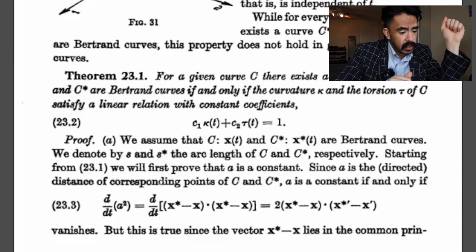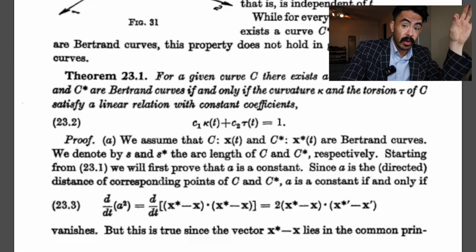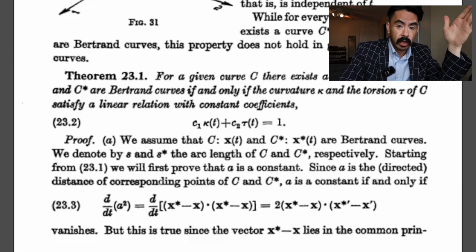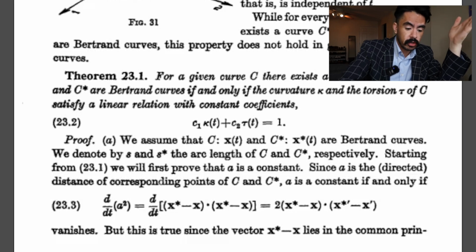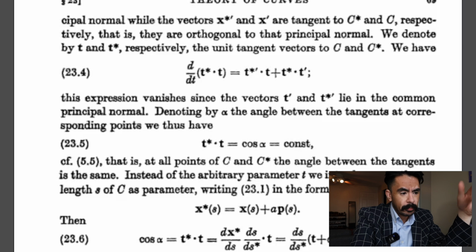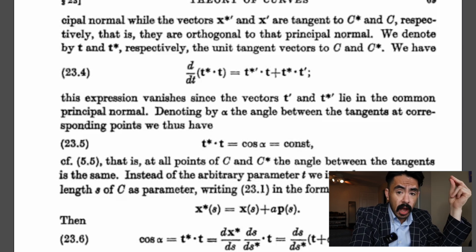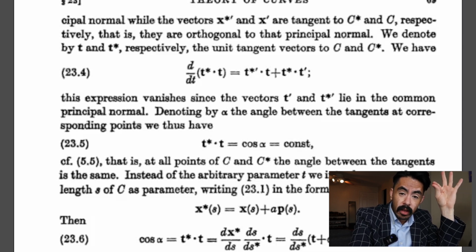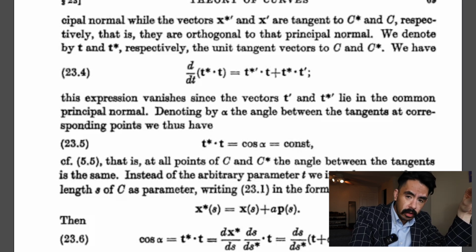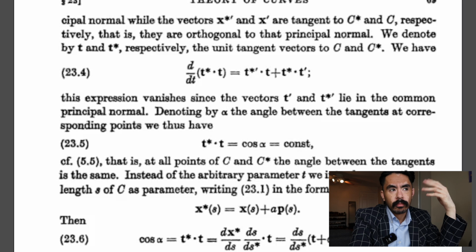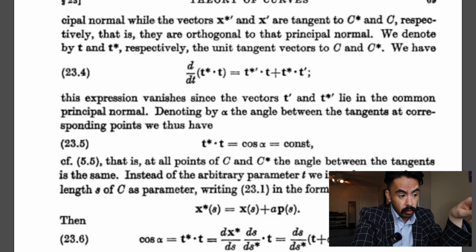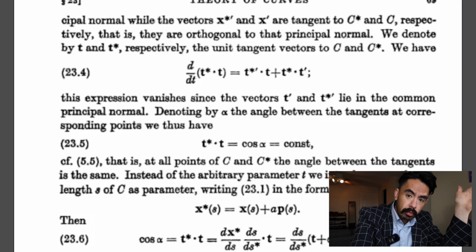But this is true since the vector x star minus x lies in the common principal normal, while the vectors x star prime and x prime, when we use primes, those are derivatives not in terms of arc length, but just of a linear real parameter t, are tangent to C star and C respectively, that is, they are orthogonal to that principal normal.